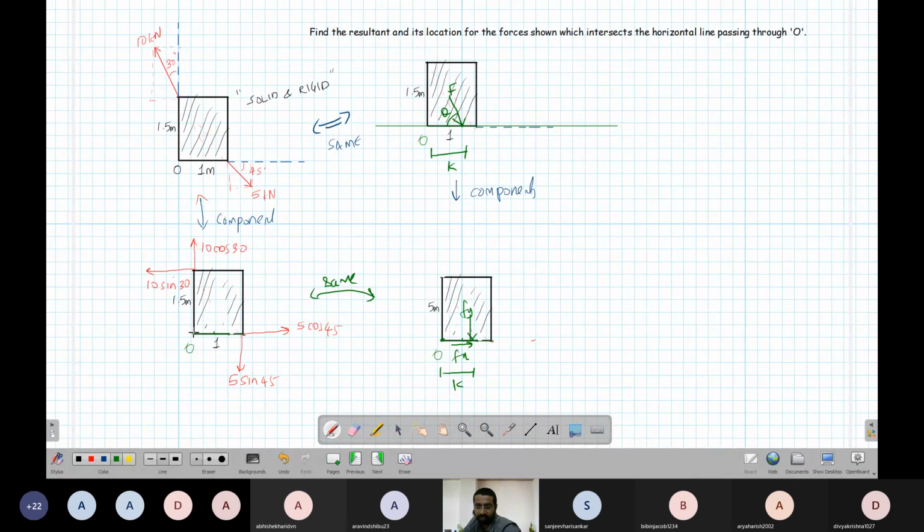We are doing it with respect to O. So I'll call this system 1 or case 1, and system 2.